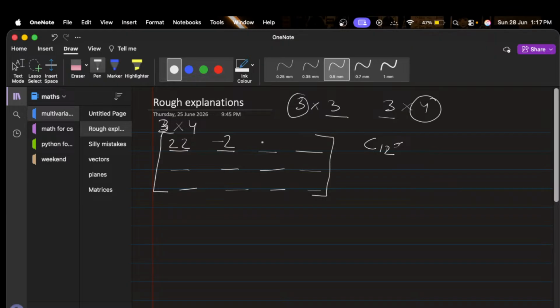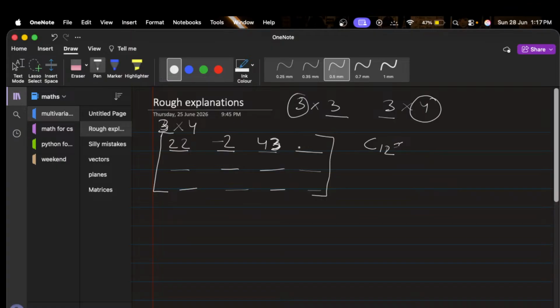And next, for the third column it would be 9, 35 plus, minus 1. 35 plus 9, 44 minus 1, 43.